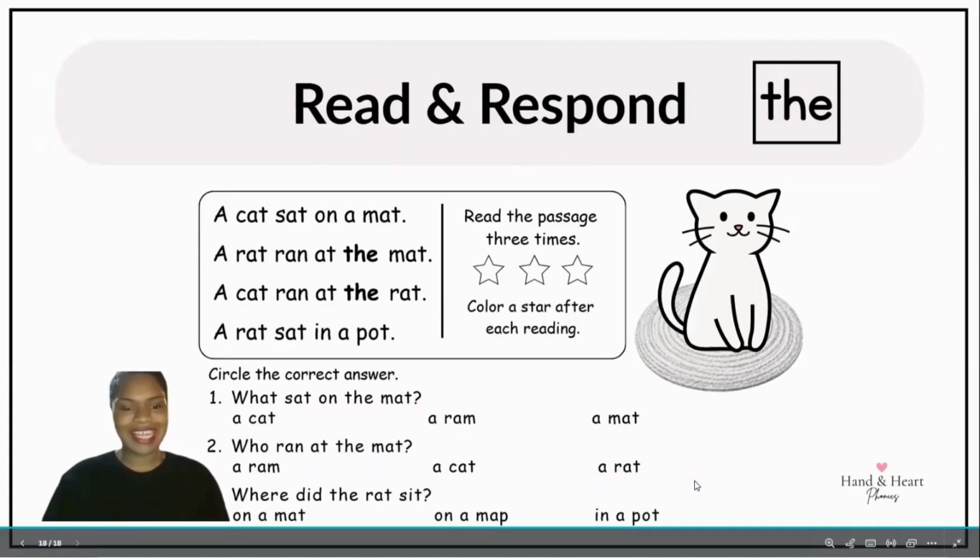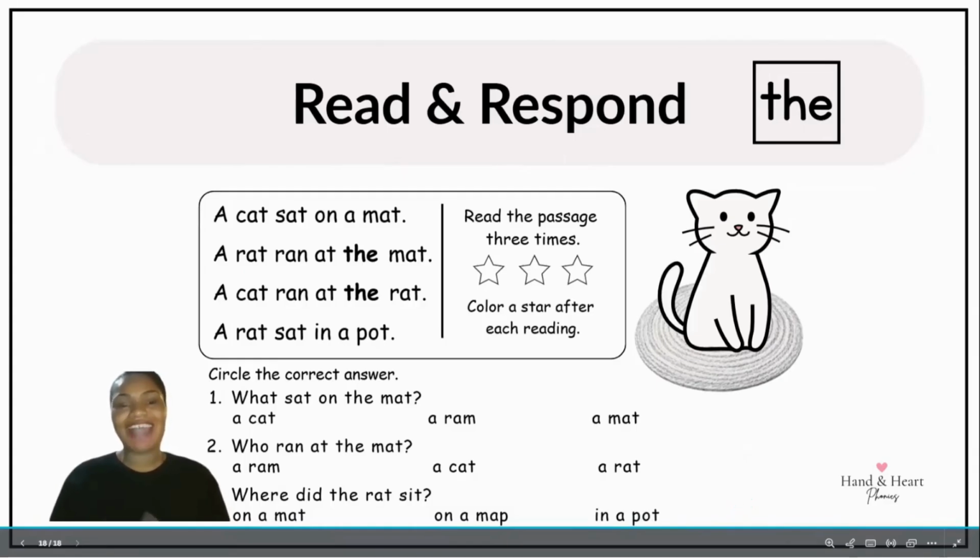A rat is correct. Where did the rat sit? On a mat, on a map, in a pot. In a pot. Great job.